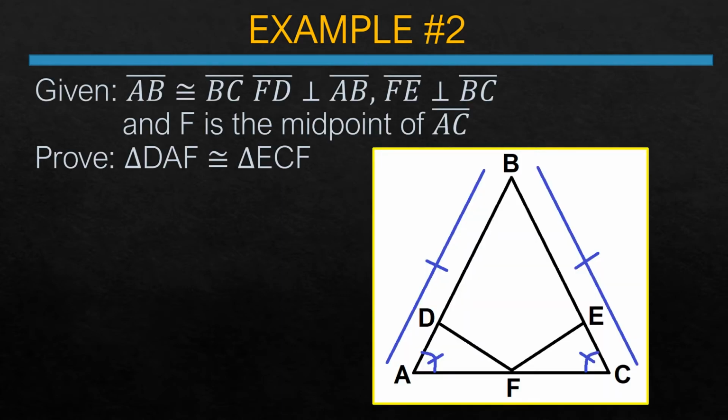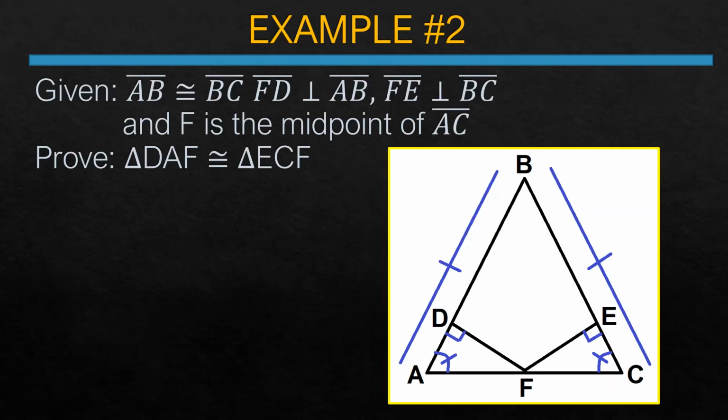We were also given that line segments FD and AB are perpendicular, and so are line segments FE and BC. This implies that angles ADF and CEF are right angles. We focused on this side of the perpendicular lines because this is where we can locate two triangles.